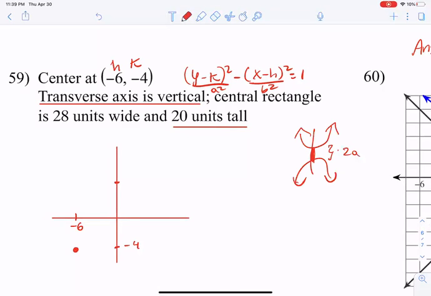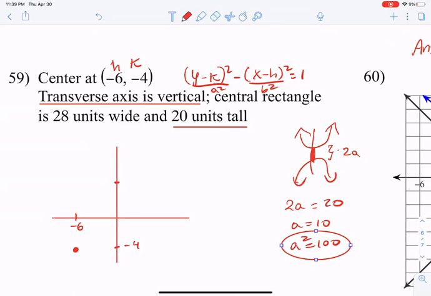Okay, so that means 2a equals 20, a equals 10, a squared equals 100. And I need to find out what b is.